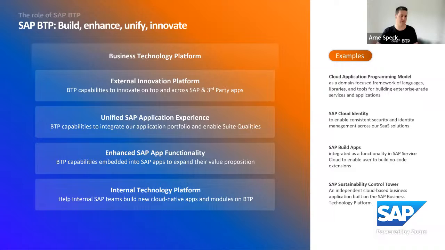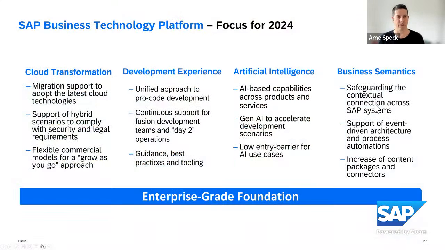So whenever you need to extend, integrate, or individualize the processes, BTP is definitely the platform that we're giving to you with a strong focus on the business. An example of how we're doing this is the cloud application programming model, which is really domain focused and helping you to do that.